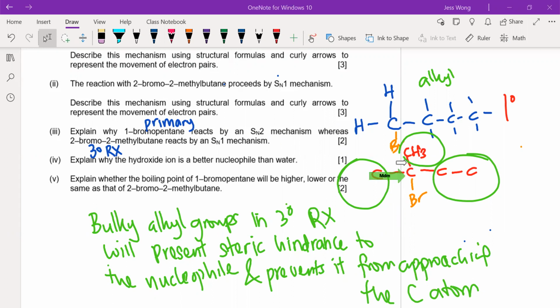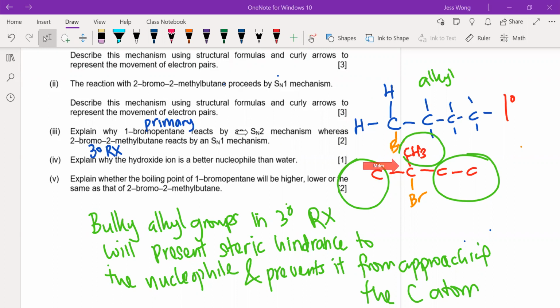So you see all these big groups are going to block the nucleophile from accessing this carbon. Whereas in a primary halogenoalkane, the hydrogen atom is a very small group. So all these are very small groups, which means that the nucleophile will be able to access this more easily compared to in a tertiary case.